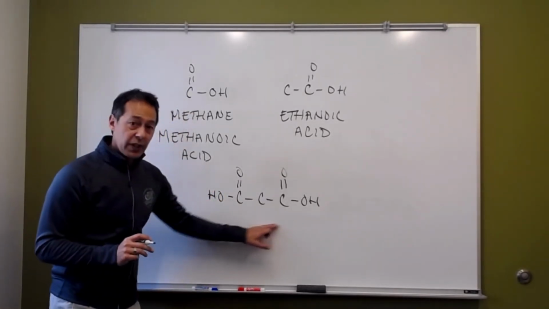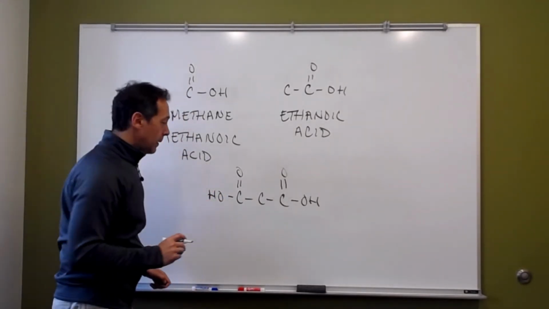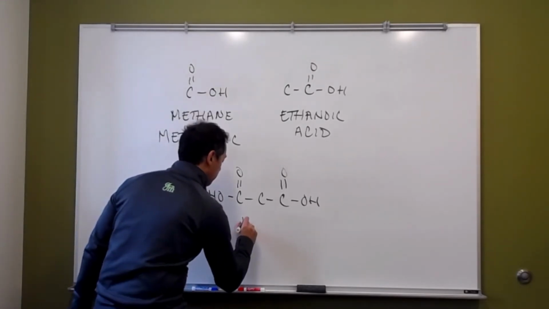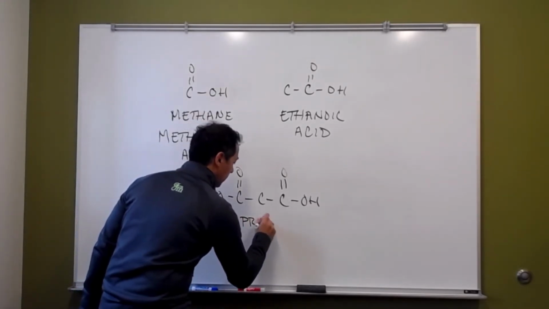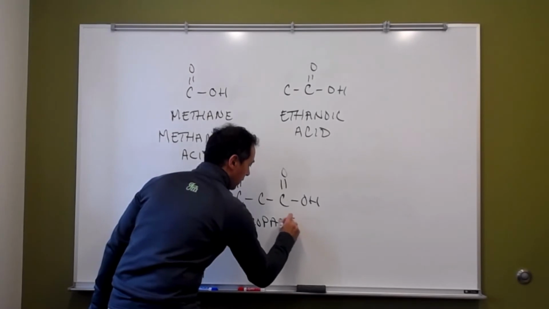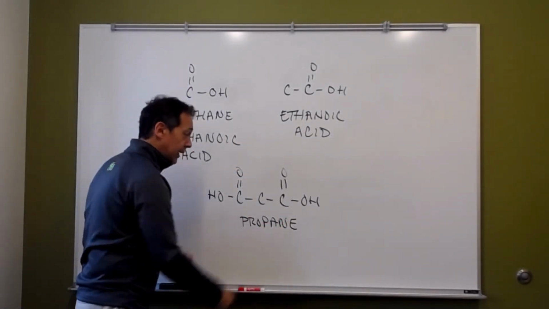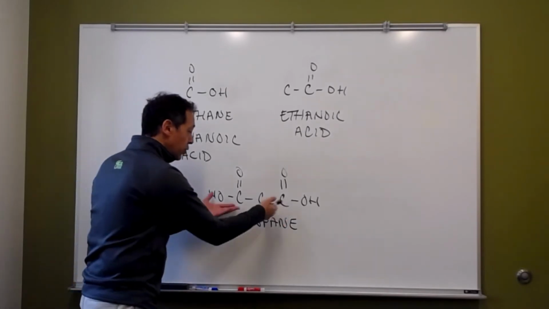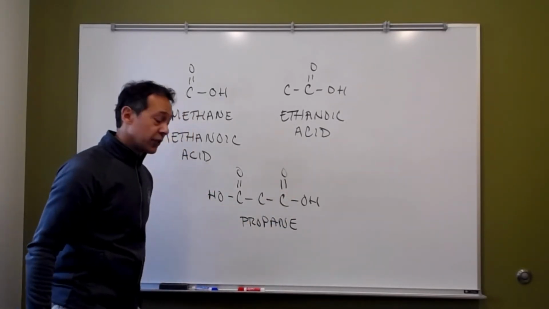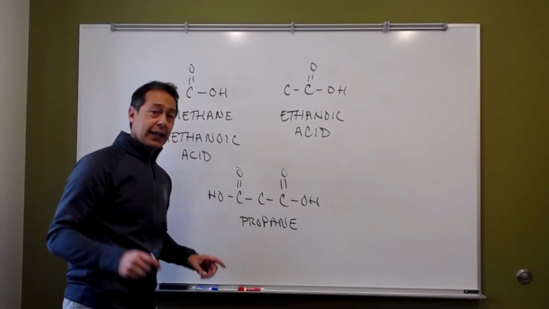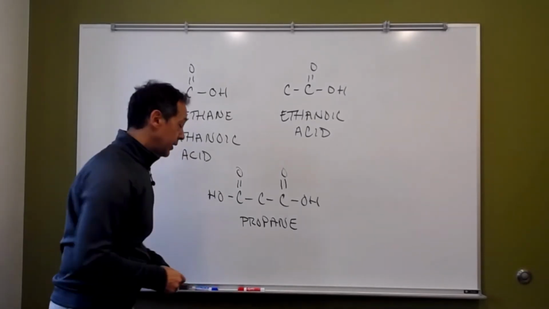The base of this would be propane. So our base on this is propane, and we're going to have 2 carboxylic acids on this. So this becomes propane dioic acid.